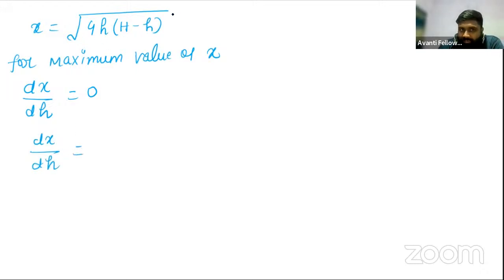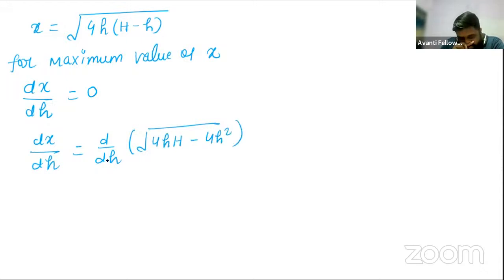Firstly, it will behave as a square root function. If you multiply 4h inside, it will become 4 small h capital H minus 4h square. So firstly, it will behave as square root of this. Differentiation of root x type of function is 1 upon 2 root x.